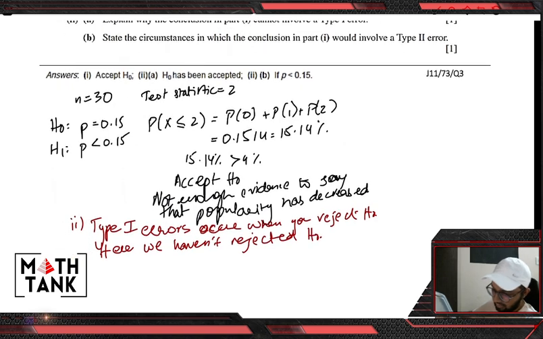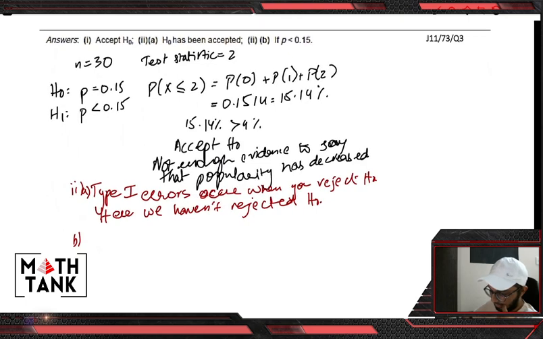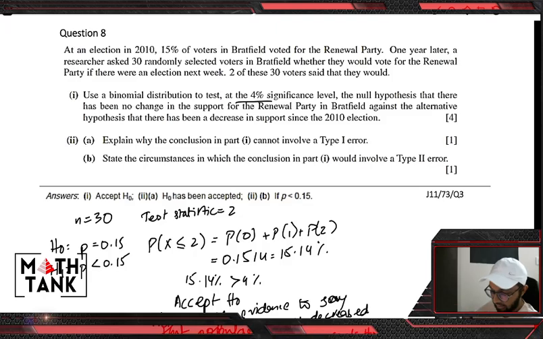State the circumstances in which the conclusion in part 1 would involve a type 2 error. So this part is a little tricky, and I've never seen a question like this when I was solving this for the first time. It may have skipped my attention although it's an older question. For type 2 errors, there's generally additional information, that there's new evidence that p has actually decreased.